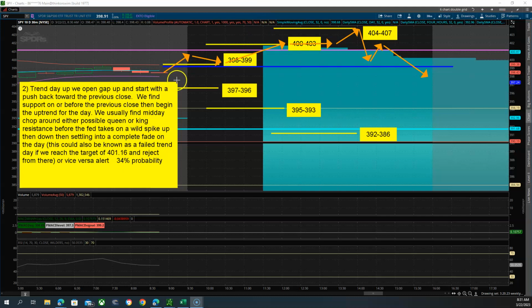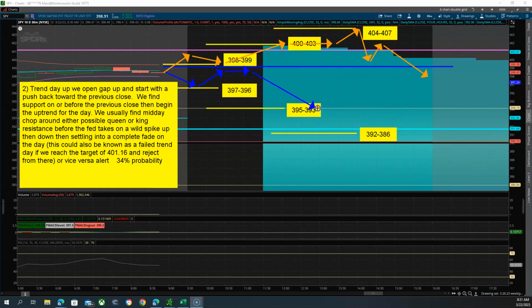I guess it's best as I show it again, but we can enter into this down move first, which would be a flash drop from one of those walls of worry I've talked about, and then we could come back up, get another wall of worry, and then get into our downtrend for the day.